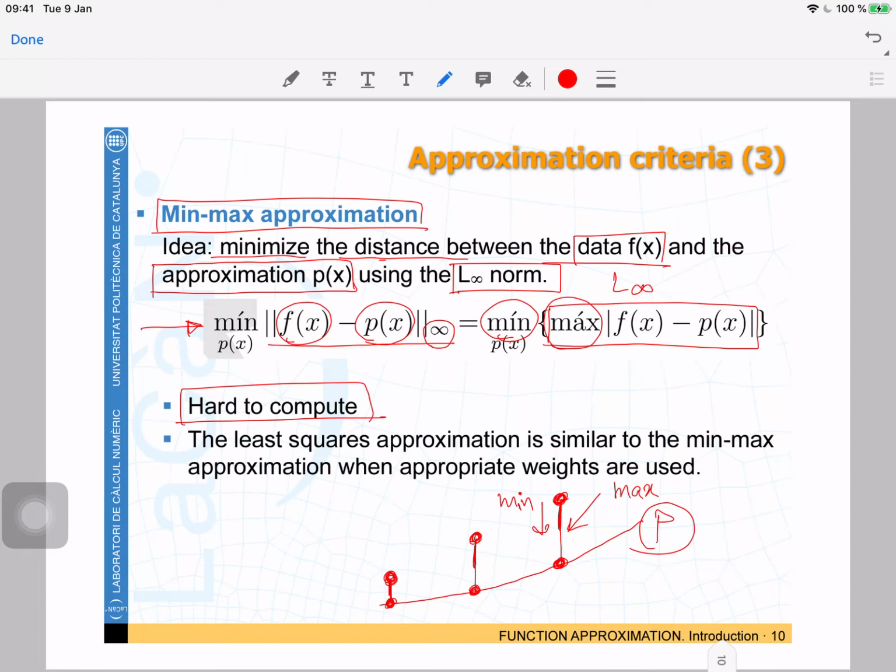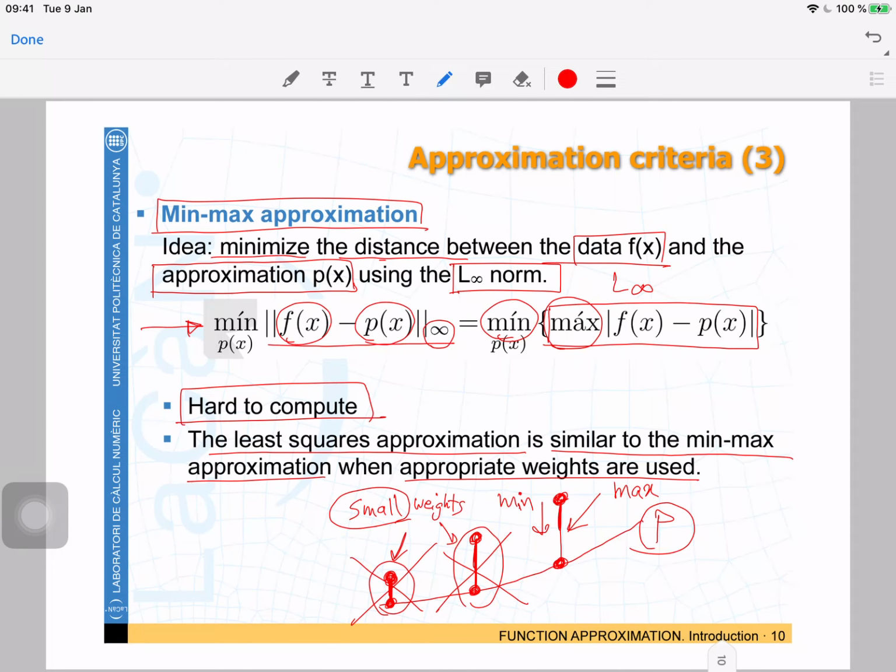Also I would like to mention that the least squares approximation is similar to the min-max approximation when appropriate weights are used. So consider that you multiply some small weights or small numbers to the first and second distance. If you do this, then when you sum these distances in the least squares approximation, these distances become very small because you are multiplying them by small numbers.